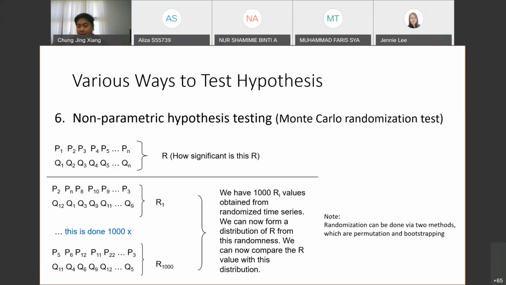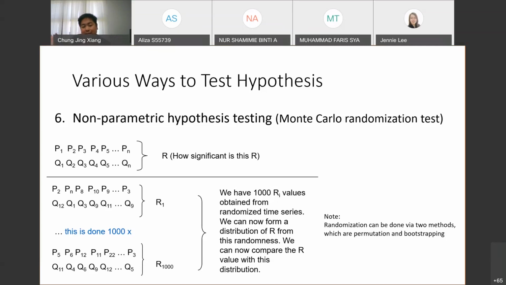But if you still want to test your sample, you can use non-parametric tests. There are many, like the Mann-Kendall test, Weibull or something. I'm just going to show you a very simple test called the Monte Carlo randomization test.